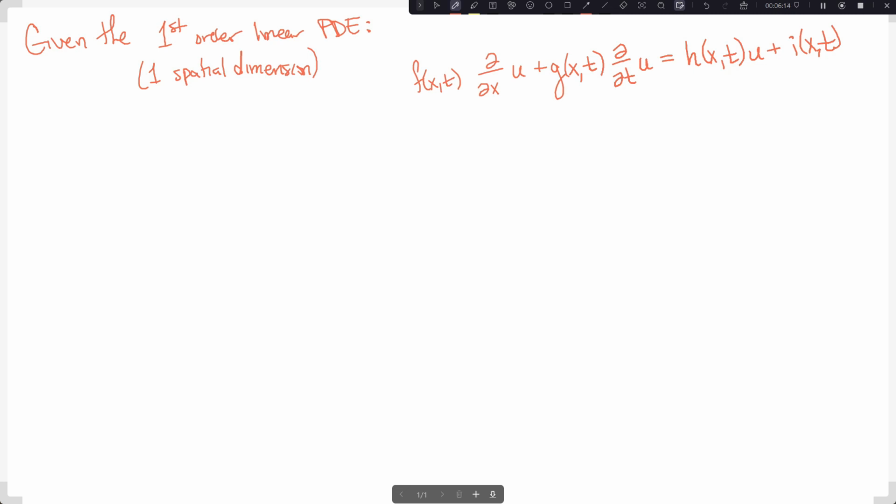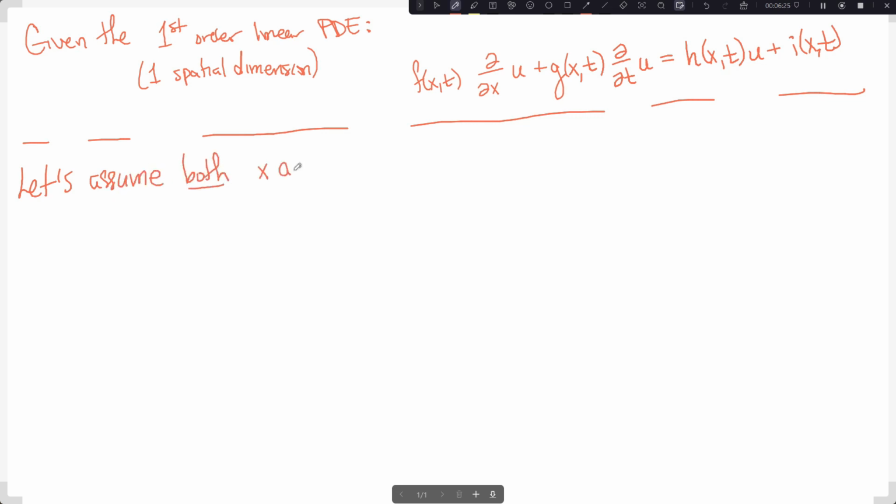The method comes down to, let's assume both x and t depend on a new variable, s, for example.